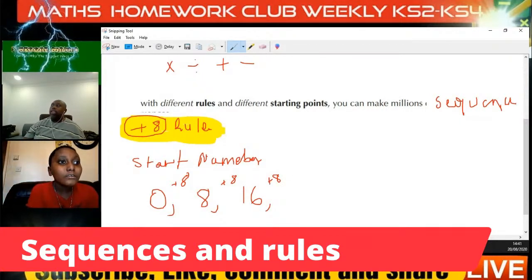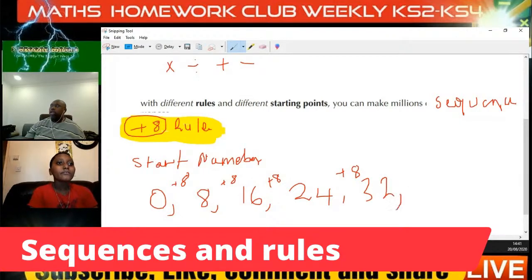Add 8 again, it's going to be 24. Add 8 again, it's going to be 32. Add 8 again, it's going to be 40. Right? So that's my starting point.